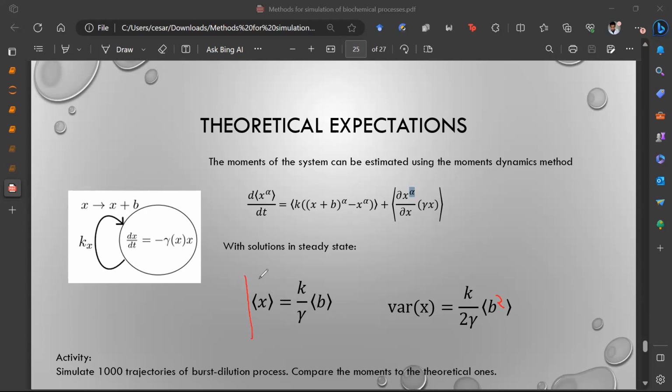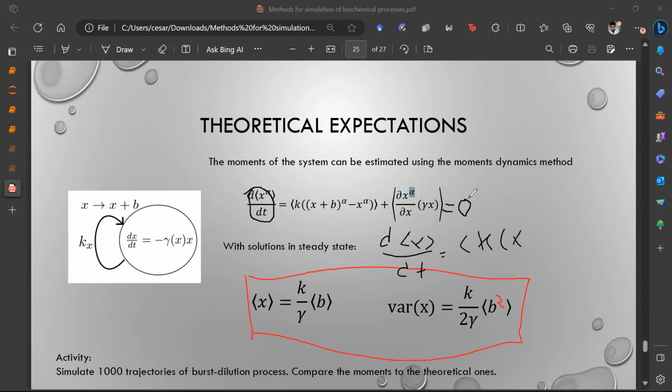We can check that these are the solutions for the steady state moments. For getting the steady state moments, what we have to do is set the derivative to 0 and solve it. So for instance, for the first order moment, you're going to have the x dt equal to the expected value of k x plus 1 minus x.